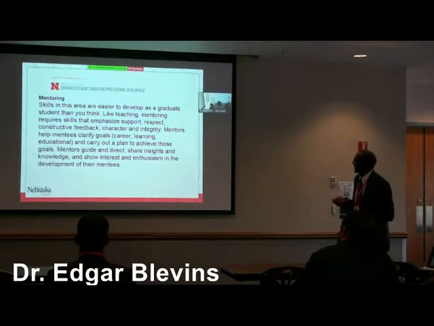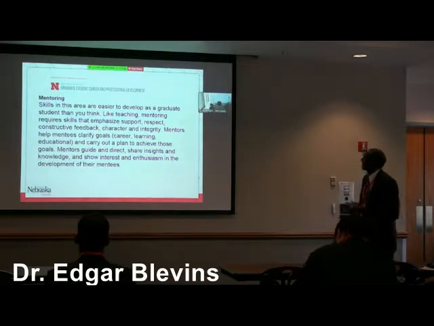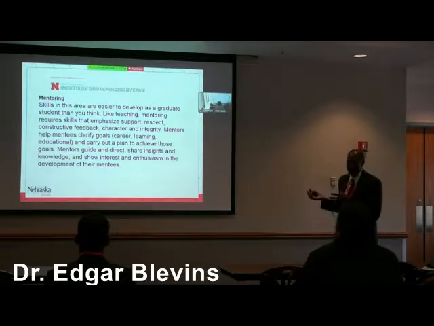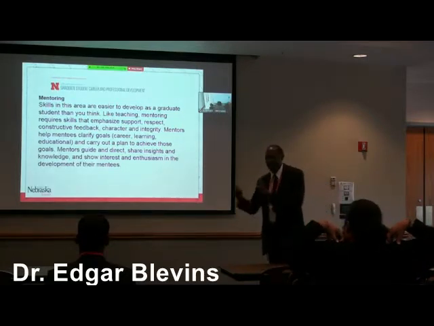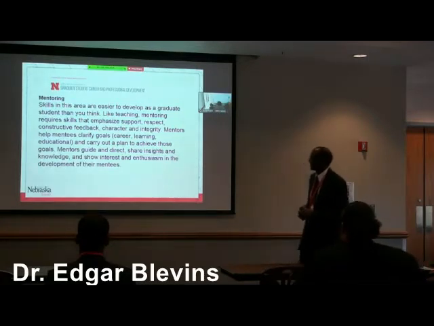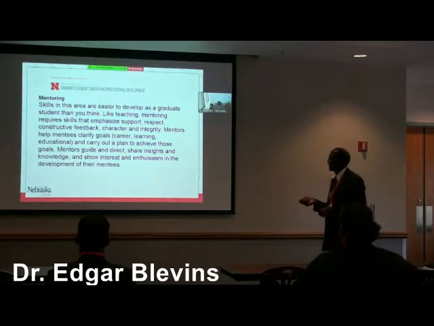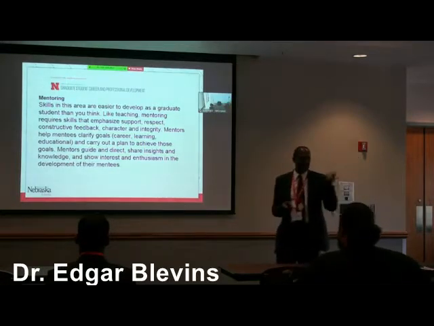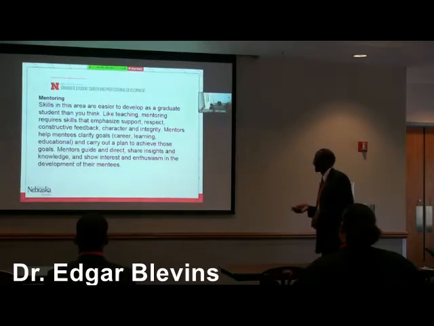Skills in this area are easier to develop as a graduate student than you think. They go through this handbook and really guide you through some do's and don'ts and can help you select a mentor. It talks about what mentors do: they clarify your goals, guide and direct, show interest and enthusiasm. So we have to get some enthusiasm from that student who may not have an interest just yet, right?